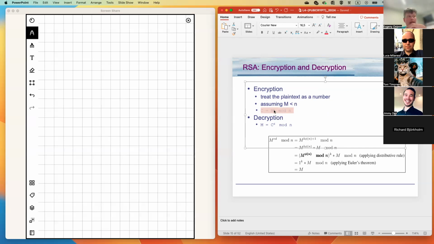Basically, when this number is very, very small, and the exponent is also very small, because this exponent can be chosen small for speed of computation, then this modulus doesn't work simply.